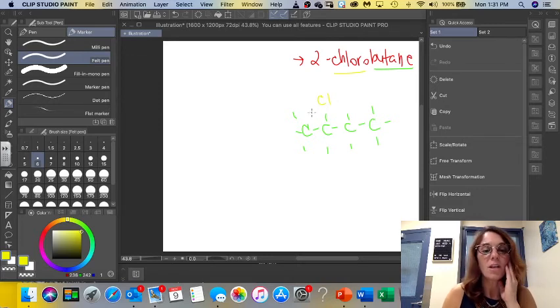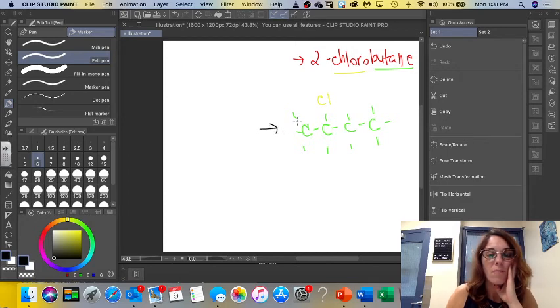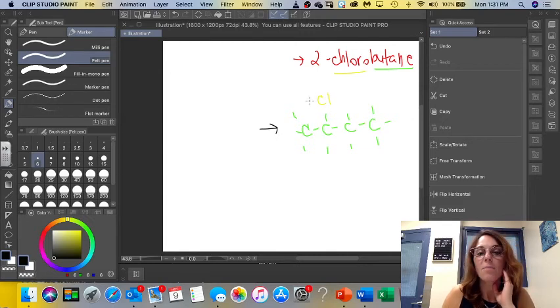So your question is, what is the alkane that we started off with? This came from something. First of all, we know that because there's only 1 chlorine, it cannot be a halogenation. If it was a halogenation, I'd need to have 2 chlorines here because there's only 1 product.